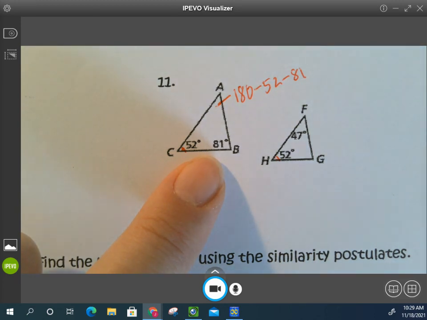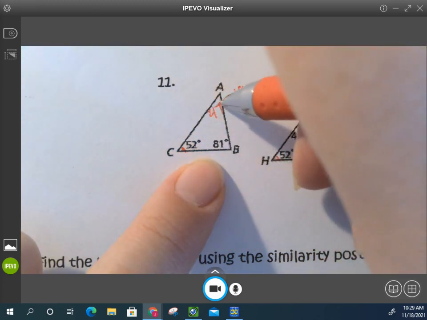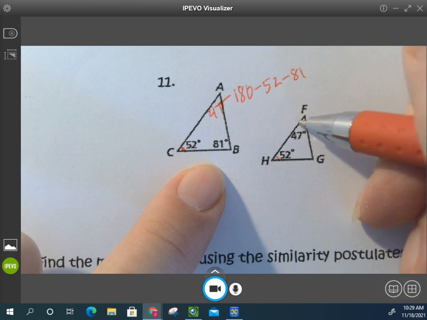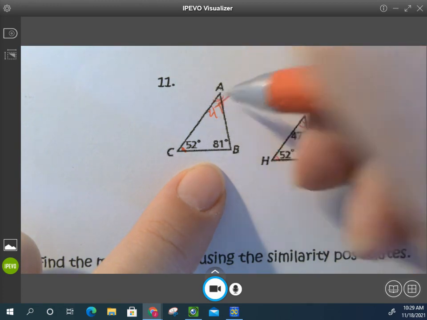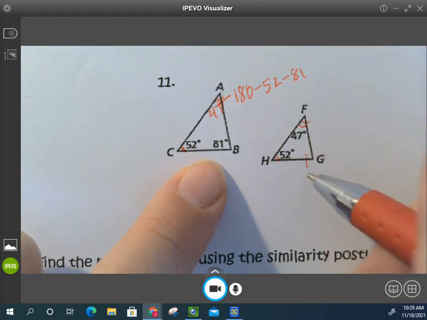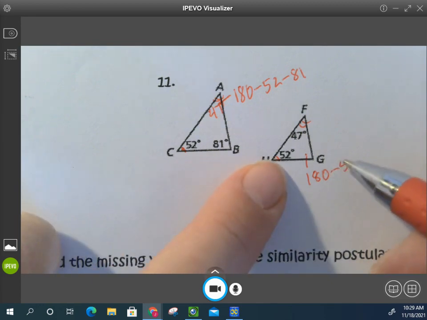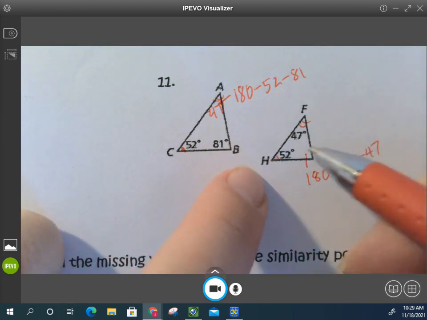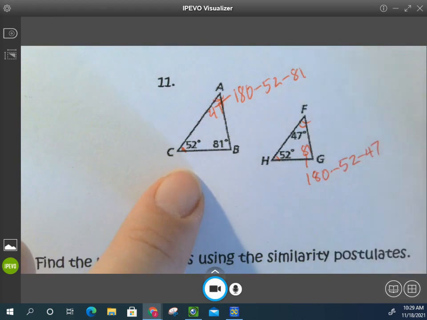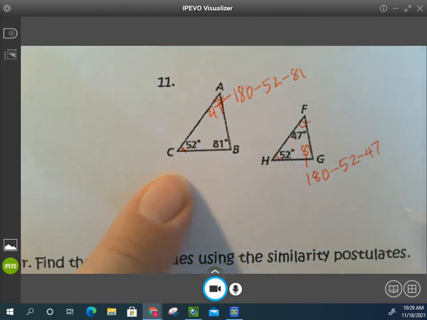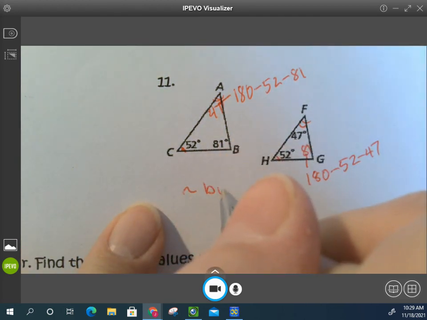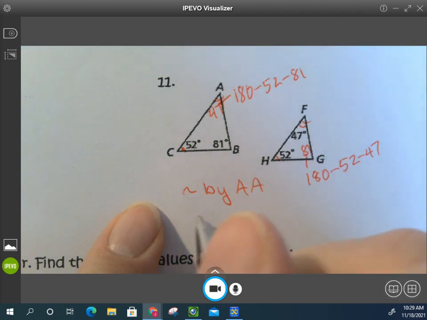Do you agree with me? Okay, well, that's good news because we also have a 47 over here. So this angle is congruent. And if we take away 180 minus the 52 minus the 47, we'll get 81. So all 3 angles are congruent. I only needed 2. So this is similar by angle, angle.